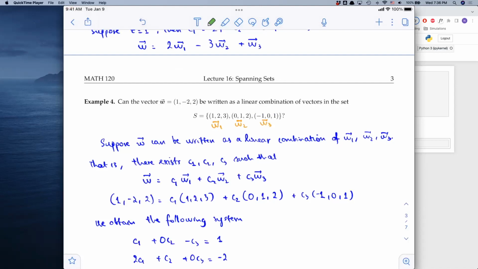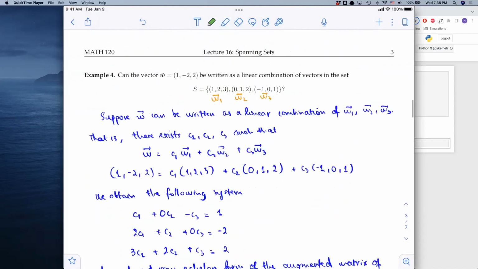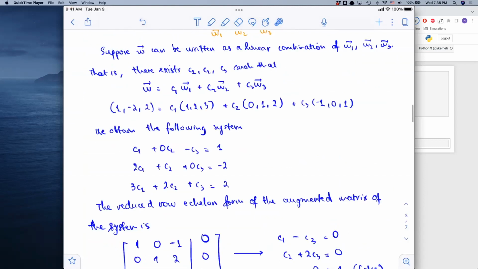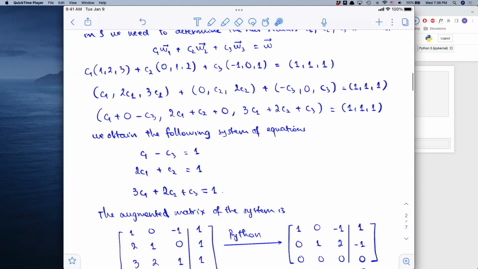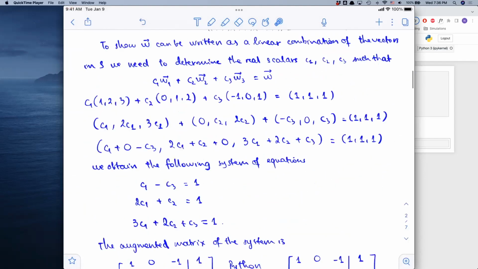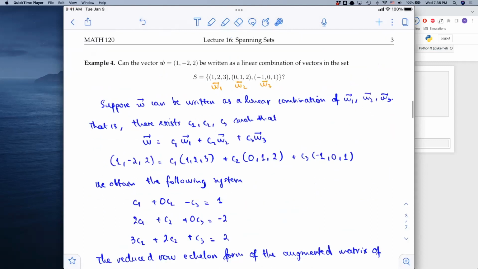Because go back to the definition one more time: every vector. We just proved that one vector can be written as a linear combination of w1, w2, and w3, but there is also a case where w cannot be written that way. So in general, this particular set is not going to span the entire R3.